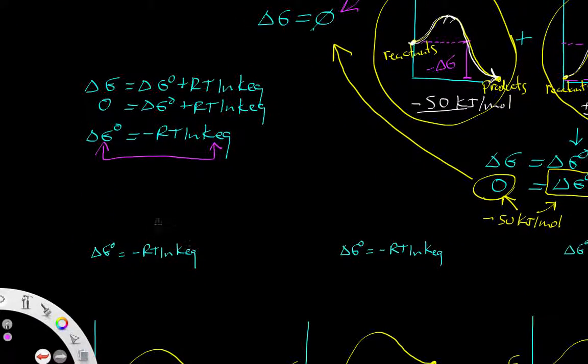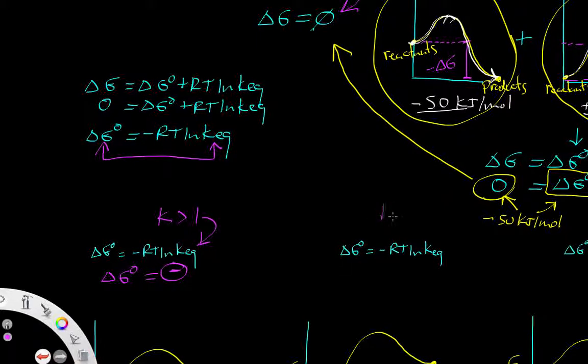Now, I said that in the beginning of the video, I was going to tie all of this in. So let's just start by saying, in this case, if I have a K value that is greater than 1, and I plug it into this KEQ, well, my result is going to be delta G standard equals negative.